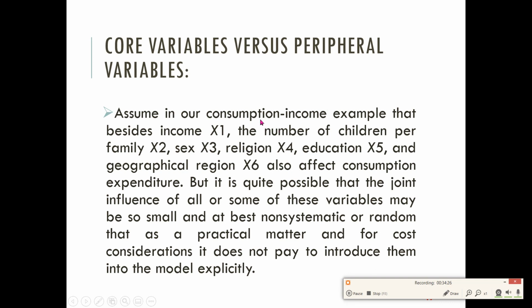Let's say again the consumption and income example, but we know that other than income, it matters what the number of children in a family is, let's say x2, and, for example, the gender of the head of the household who is taking consumption decisions for the entire family. And maybe there are studies that even say that it matters which religion you belong to; your consumption style depends upon your religion as well.